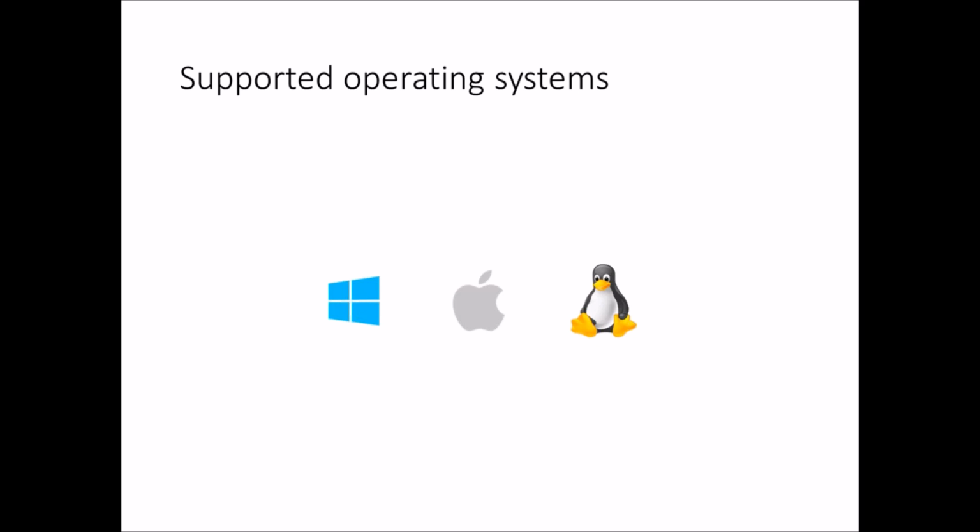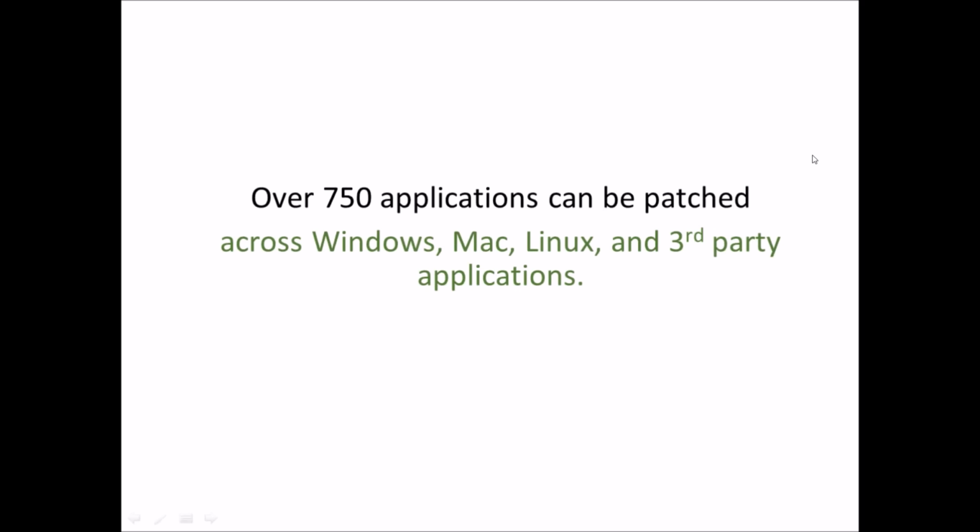Desktop Central supports these three major platforms: Windows, Apple, and Linux. In these three platforms, we support the operating system, the applications, and the third party which sits on it. Putting together, we would see there are 750 plus applications being supported by this.